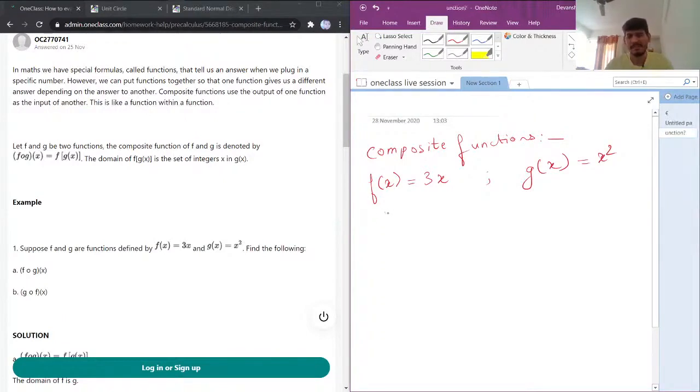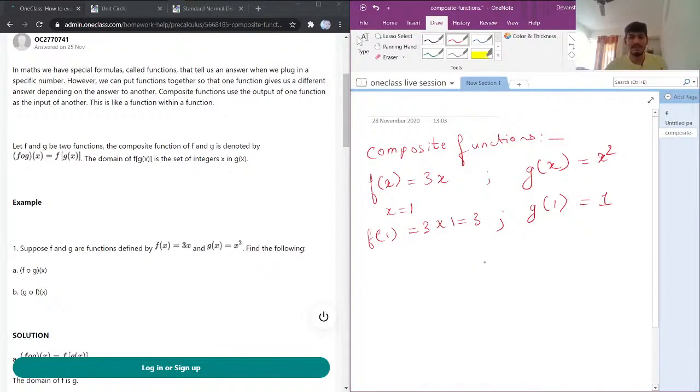If I plug in x equal to 1, then f of 1 equals 3 into 1. In the place of x, we just put 1. It will give 3. Similarly, g of 1 is 1 squared, which is 1 only.